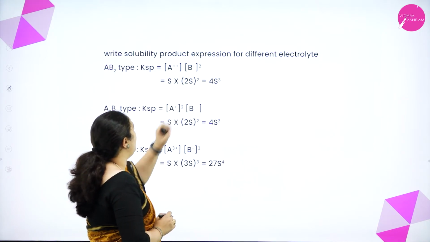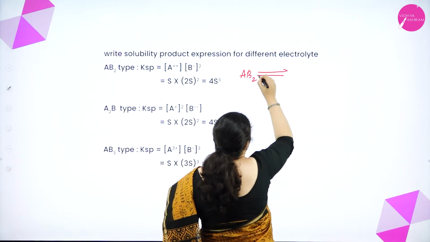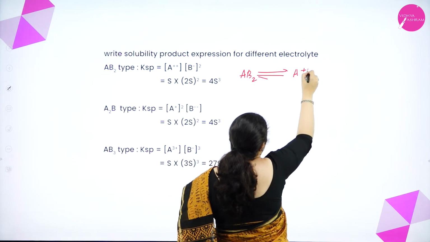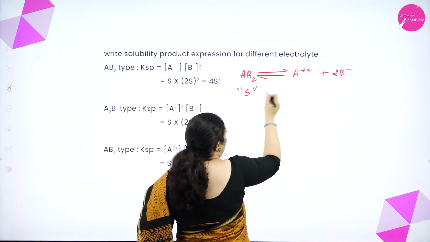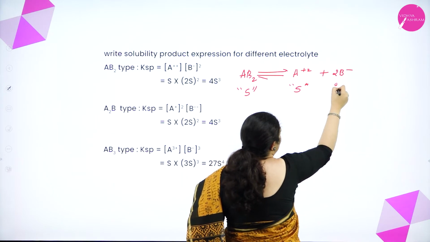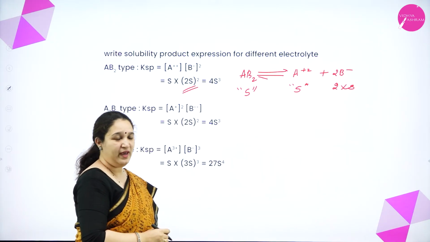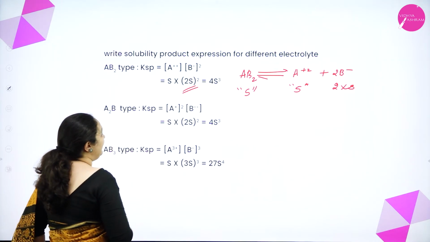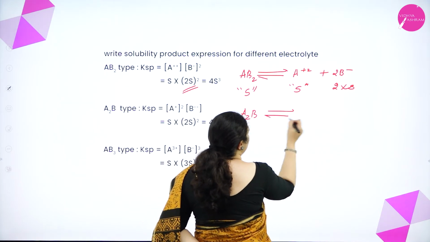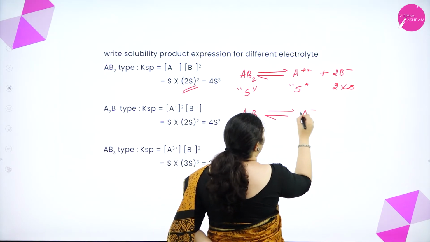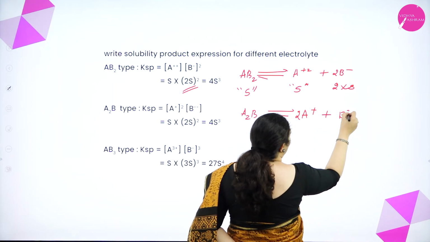Now why is this 2S, if you ask? See, AB2 type, when it dissociates, I'll get A plus 2 and 2B minus. So this solubility is S, this also will be S, this is 2 into S, that is why here it is 2S. Okay. Similarly, for A2B type, it will form A plus of 2 and B2 minus.